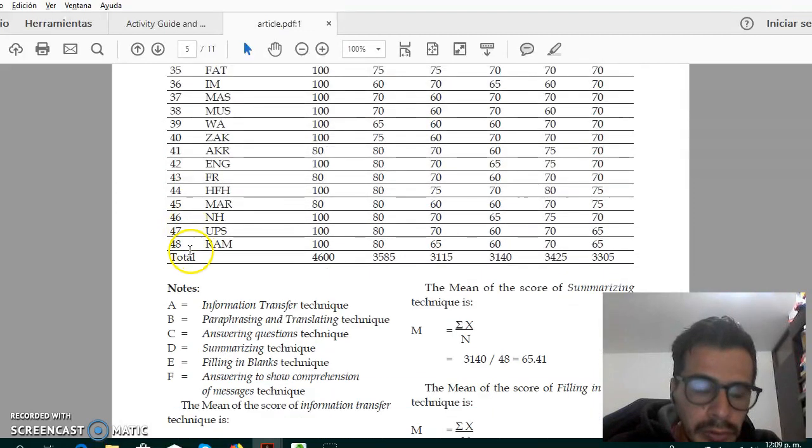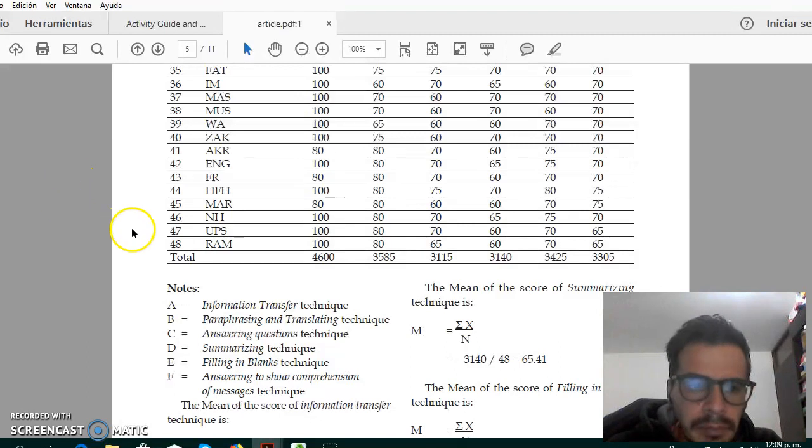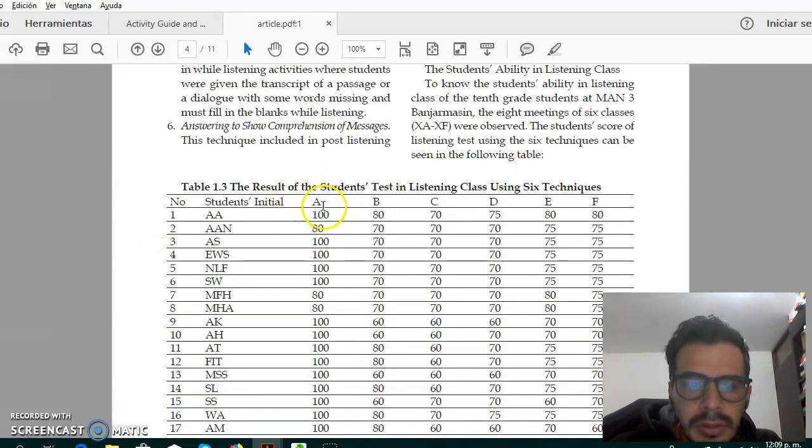As the sample is 48 students, we can see 48 samples. Remember, the population is 227, but the sample is 48 students of the 10th grade.